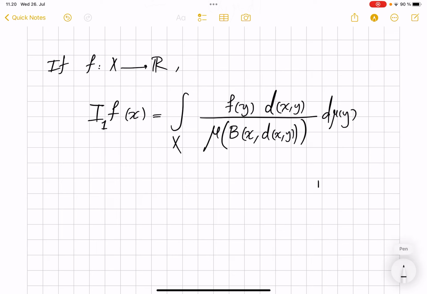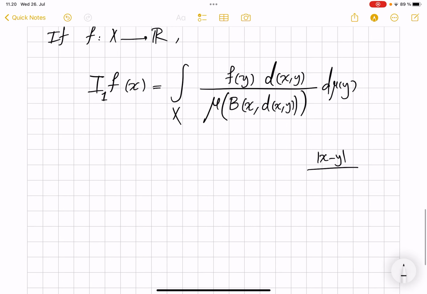Anyway, in the Euclidean space, the measure of a ball of radius r is some constant times the radius to the power n, which after cancellation gives you the n minus 1 part.